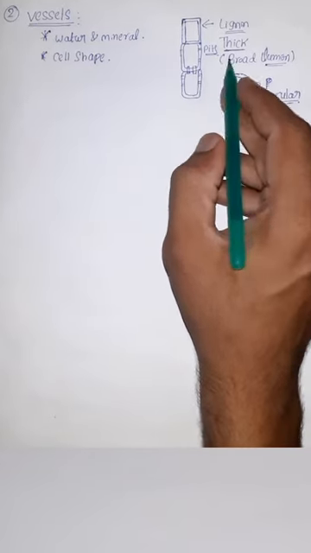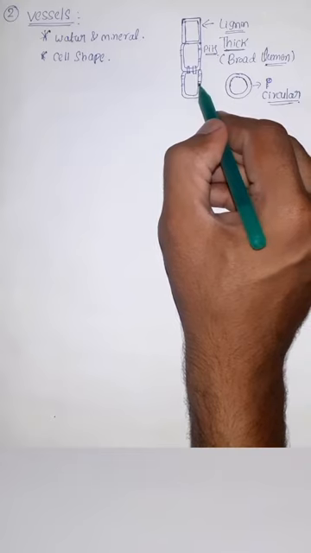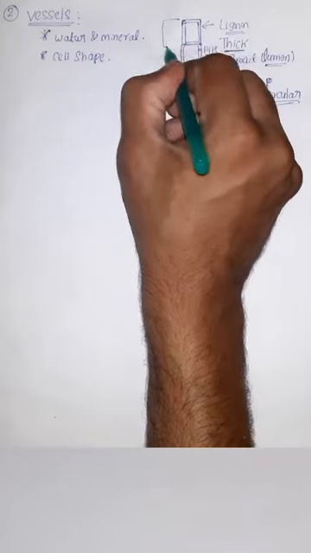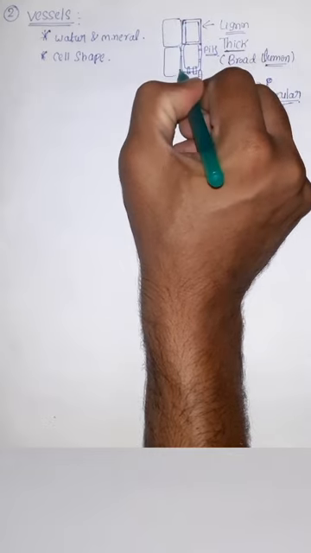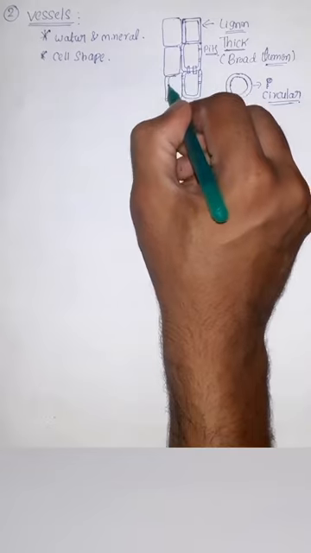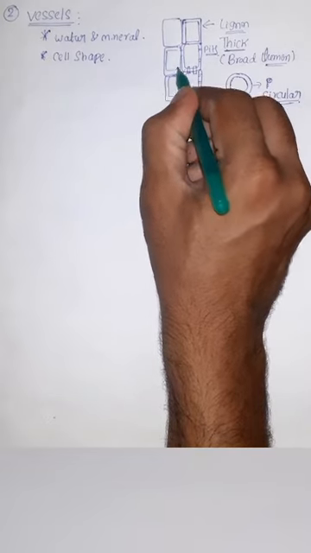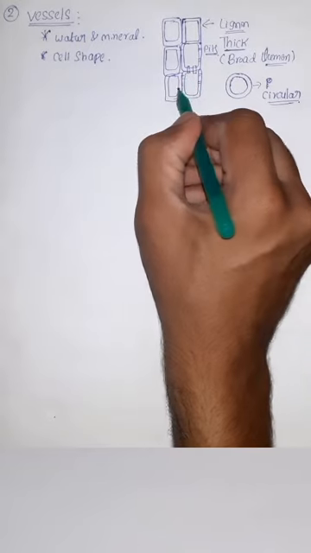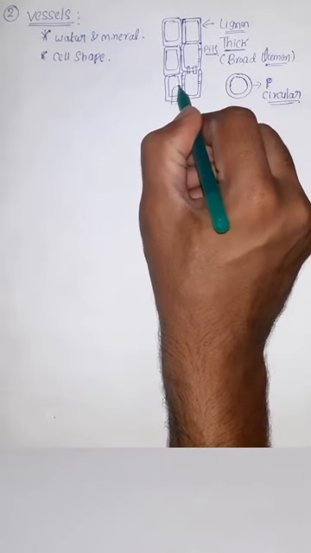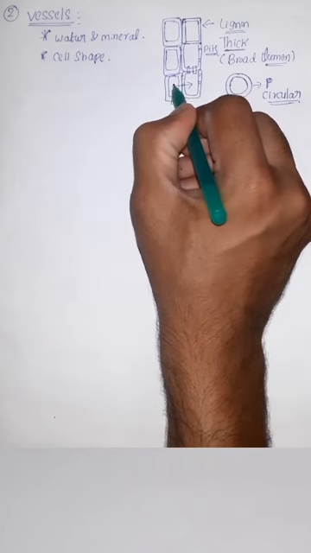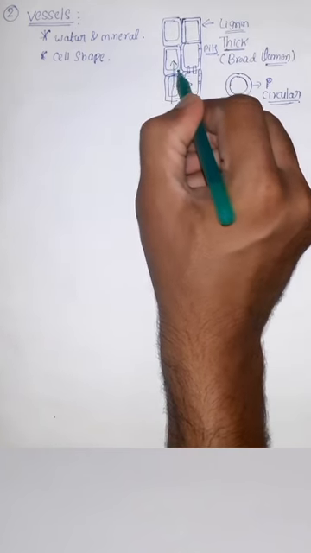That's why here the water can be transported in two ways: one is lateral, another is vertical. This is another row of vessel cells. Here the water can move like this, and it can also move in a vertical manner.